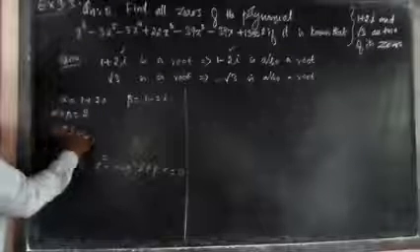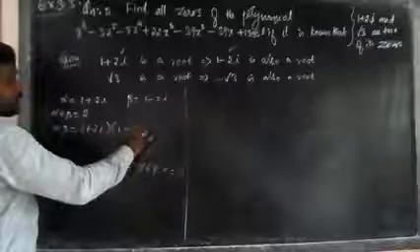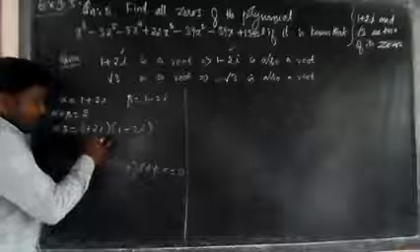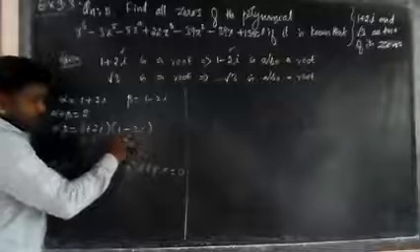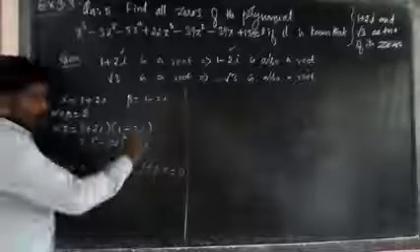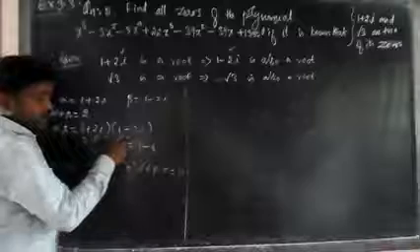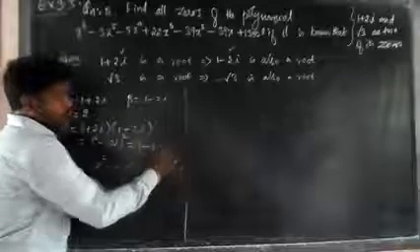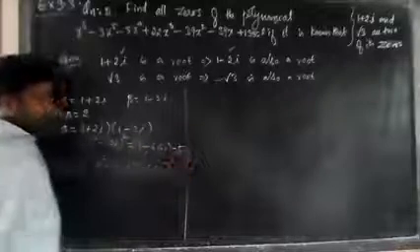Product alpha beta is 1 plus 2i into 1 minus 2i, using a plus b into a minus b formula, a square minus b square: 1 square minus 2i the whole square. 1 minus 4 i square, and i square is minus 1, so minus of minus is plus 4. 1 plus 4 is 5.